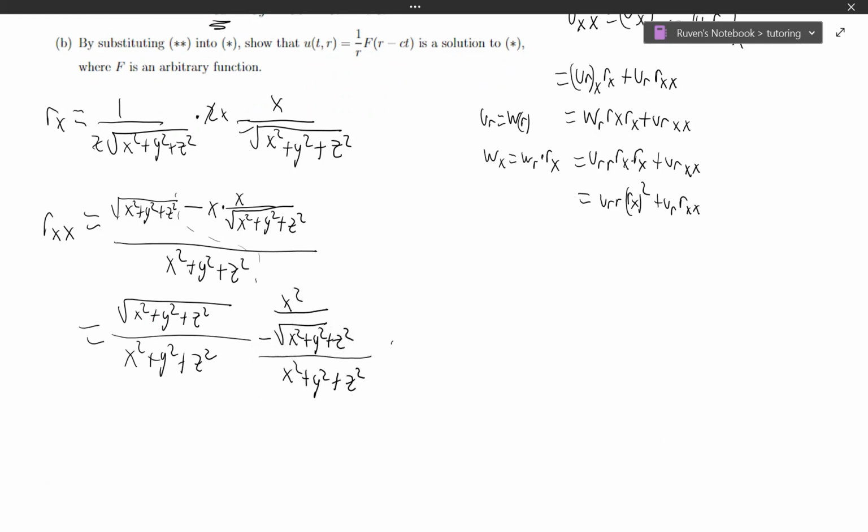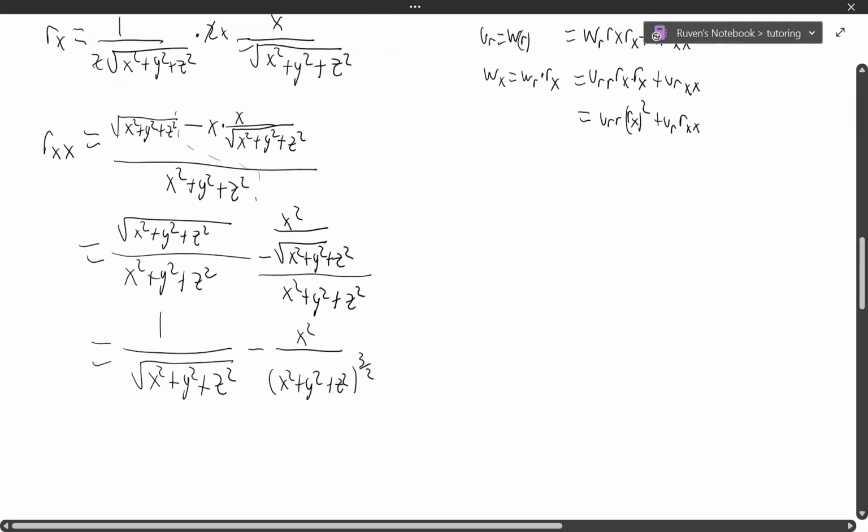Okay. So now this one over here is actually just equal to 1 over the square root of x squared plus y squared plus z squared. And then this one over here, if we look at the denominators and multiply them, it's literally just going to be minus x squared over x squared plus y squared plus z squared to the power of 3 over 2.